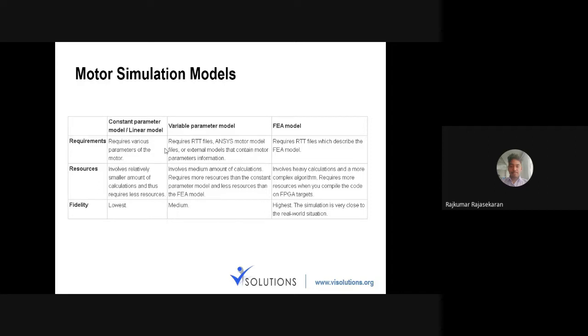Fidelity is how close it is to the real implementation. Let's say I take a PMSM motor, do a constant parameter model, and acquire the waveform. Tomorrow, let's say I bring a real motor and connect the instruments to it. I set the waveform, I set the RPM to whatever I set during the simulation.